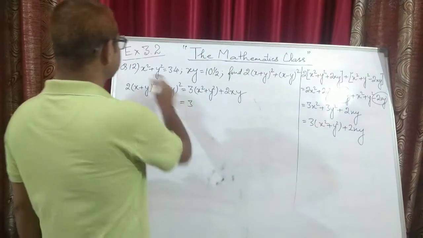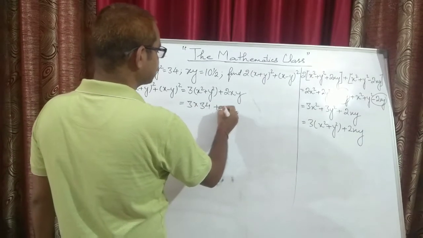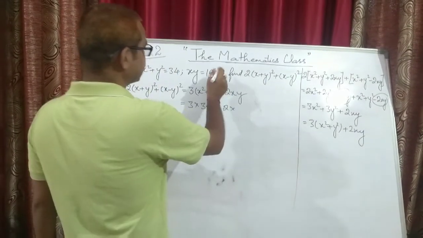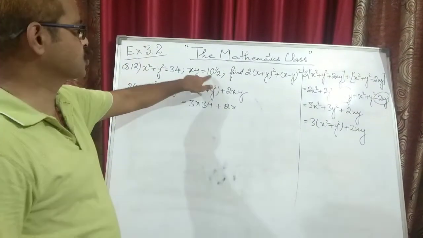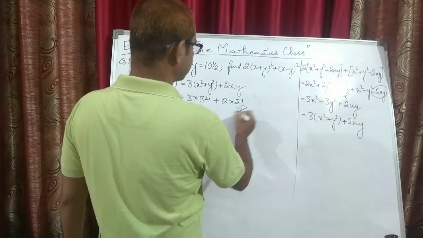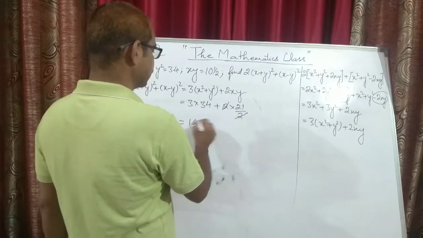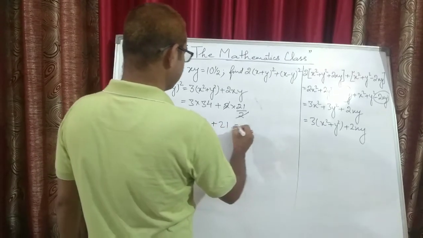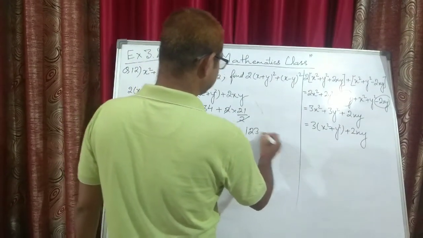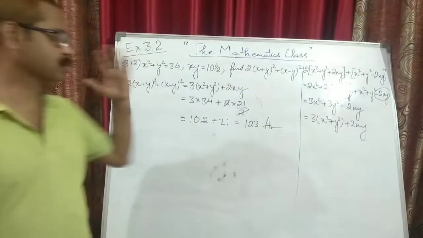Now 3 times of x square plus y square is how much? 34, plus 2 times of this 10 whole 1 upon 2 can be written as 21 upon 2. So 21 upon 2, this 2 and 2 cancel. 4 3s are 12, 9 1 10 plus 21. Final value is 123. That is the final value of this question.